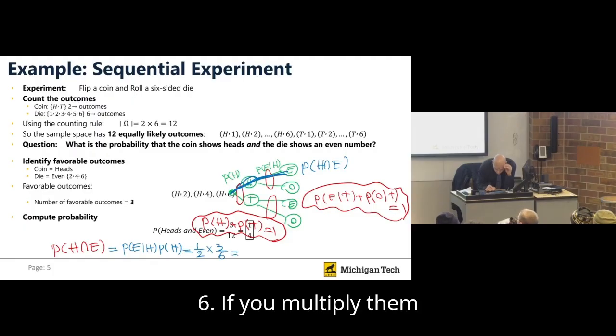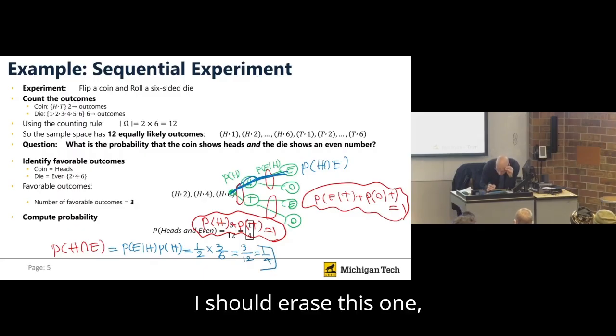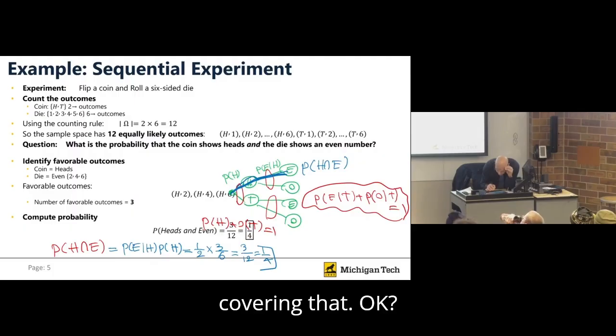If you multiply them together, it's going to be the same numbers, 3 over 12, or 1 over 4. I should erase this one, it's covering that. Okay?